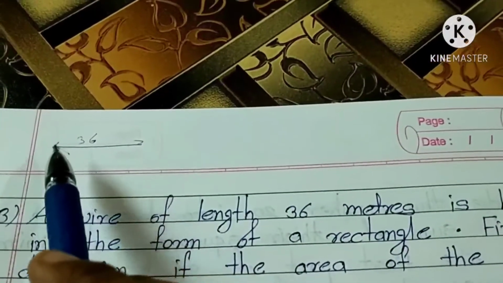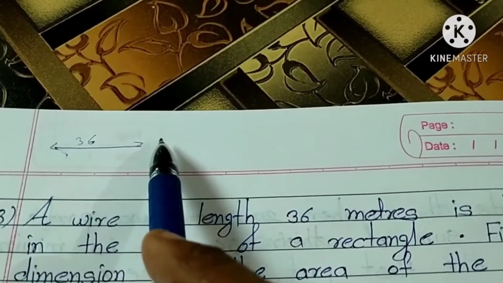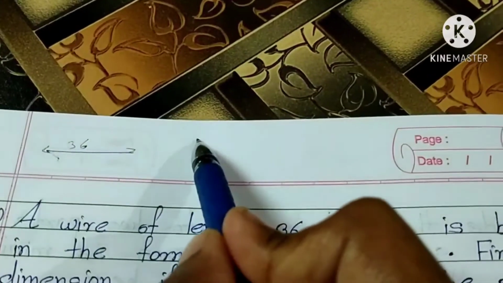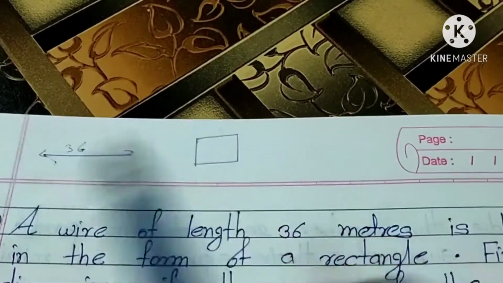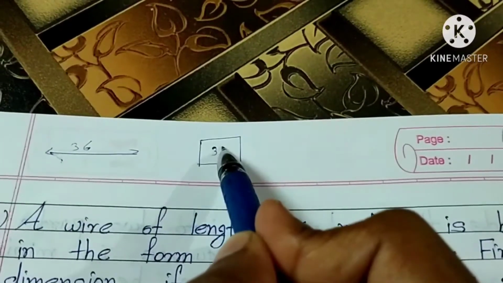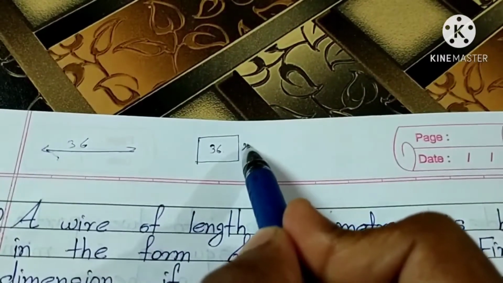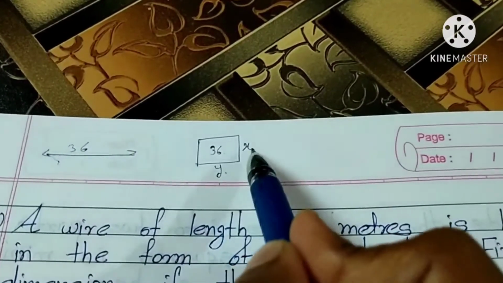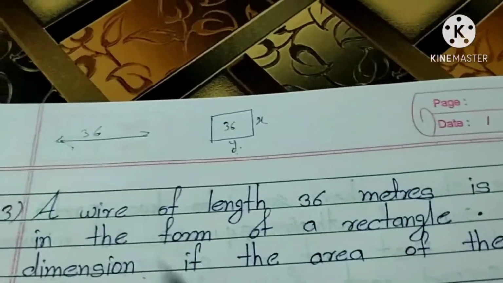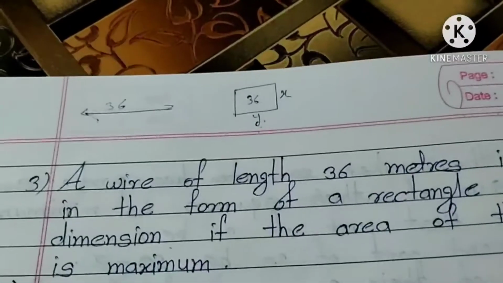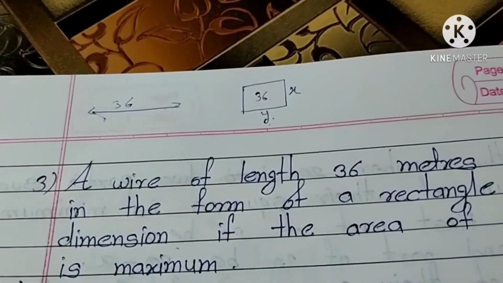And now we have to bend this wire to form a rectangle. So suppose we bend this wire like that. So it is a rectangle. And we have to find these dimensions x and y. So let us start to solve it.